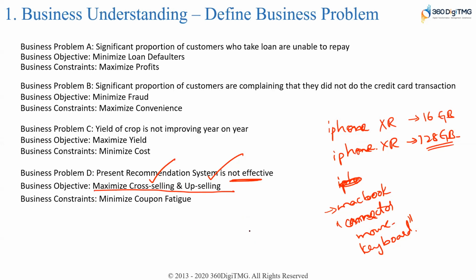But in order to maximize your recommender system, you can do one more thing. You can send emails to the customers, right? Delayed emails saying that, I believe you have searched for iPhone XR. Here are a few recommendations for you, right? Here is a coupon. If you use that, you're going to get a special 10% discount. If you keep sending such coupons and such emails, it would cause fatigue.